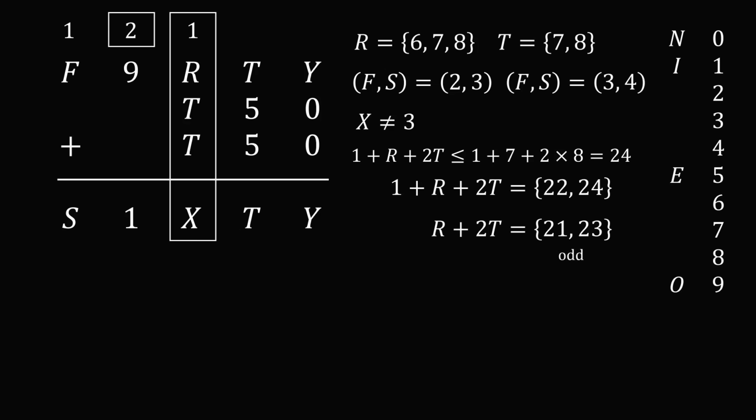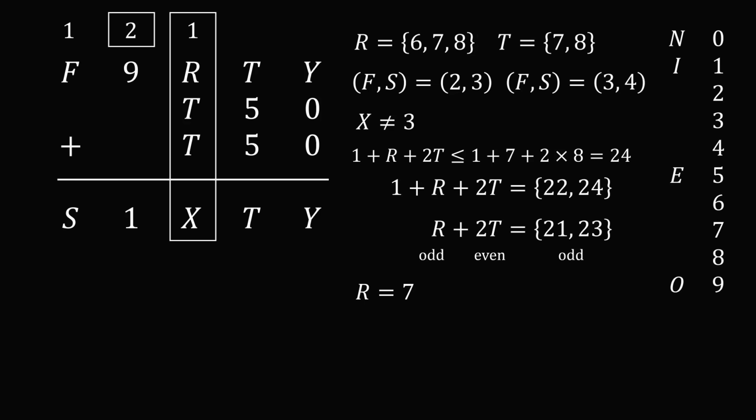Both of these are odd numbers. 2 times t will always be an even number. Now an even plus an even will always be an even number. So in order to have an odd result, we know that r must be an odd digit. But r can either be 6, 7, or 8, and the only odd digit is 7. So we know that r must be equal to 7.